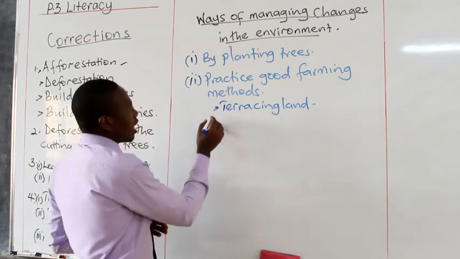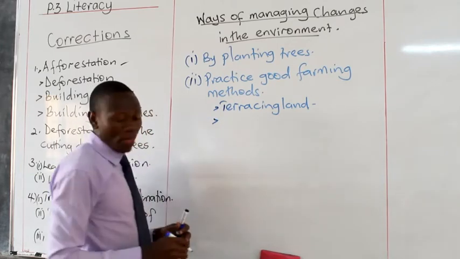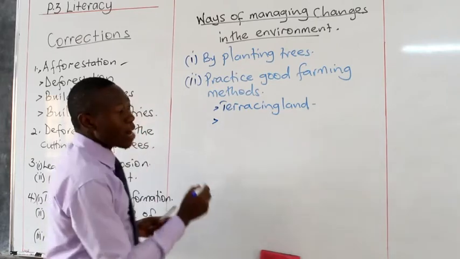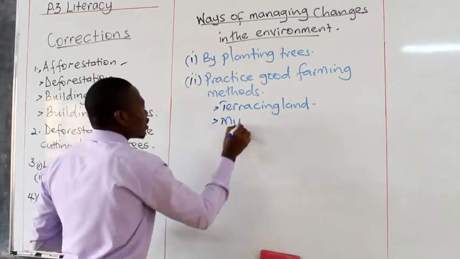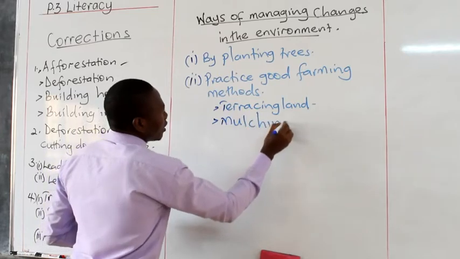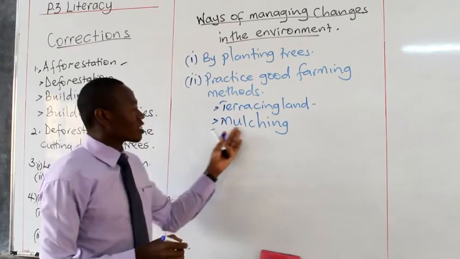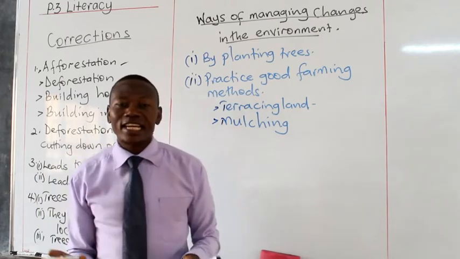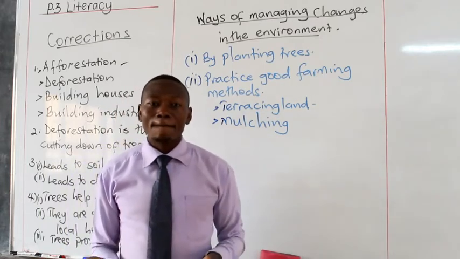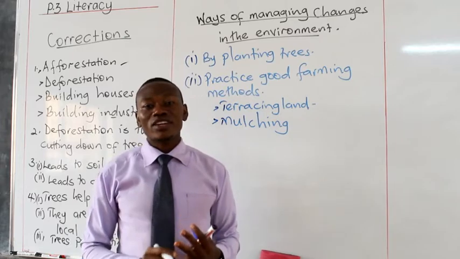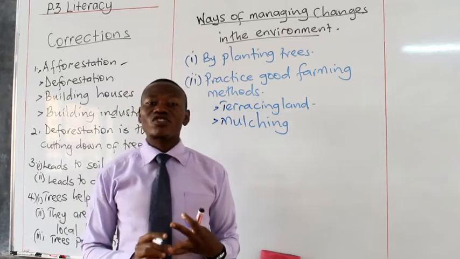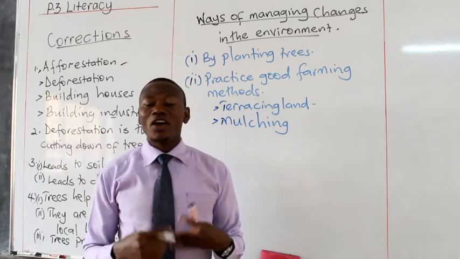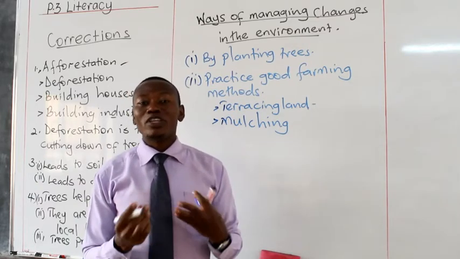Another method that you can talk about here is mulching land. Now we talked about this both in science and social studies. We say mulching is the covering of your garden with dry materials. This can be dry grass, can be dry banana leaves, can be husks of maybe coffee, can be maybe sawdust.